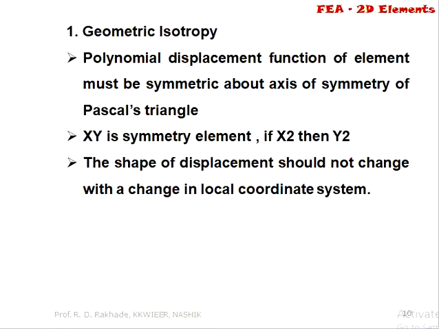When you observe Pascal triangle, the power of variable on the left side with respect to the axis is equal to the power of variable on the right side. So the polynomial displacement function of an element must be symmetric about the axis of symmetry of Pascal triangle. So for an xy symmetric element, if there is an x square in the equation, then there must be a y square in that equation. The shape of displacement should not change with change in local coordinate system.